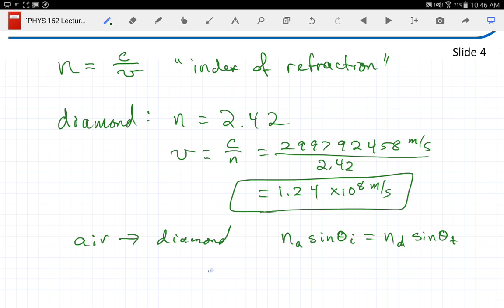And that means that sine theta transmitted has to be n air over n diamond sine theta incident.